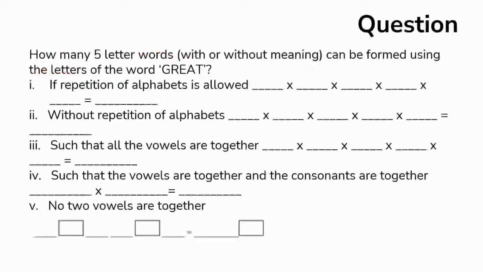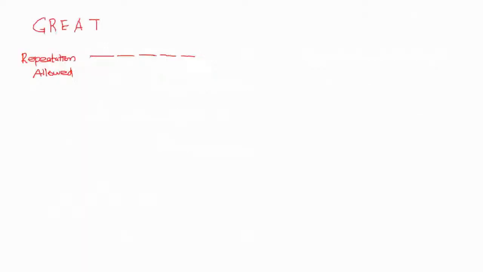Five-letter word I need to form. So in this case, the first place can be filled with all the five possible alphabets: G, R, E, A, T, any of the alphabet. And for the second place, also repetition is allowed. That means if I use G in the first place, the same G can also be used in the second place. So in such a case, once again, it is five possible arrangements. And in the third place, once again five possible arrangements, and similarly the fourth place five, and the fifth place five. So total possible arrangements is 5 power 5.